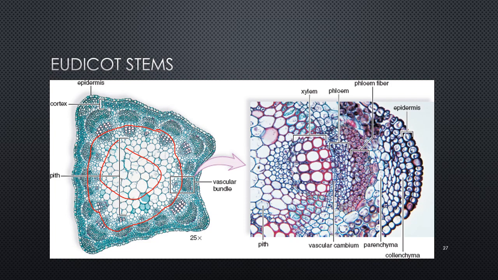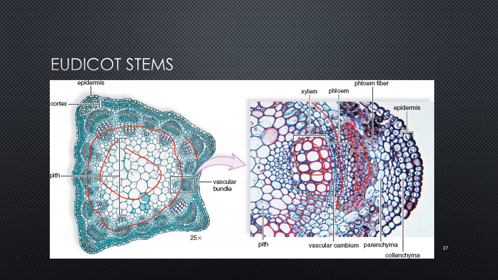And between the xylem and the phloem layers is the vascular cambium. So that's starting right here. And so if we look over here, we have the xylem and we have the phloem right there, and then this layer is the vascular cambium. The vascular cambium is unique to dicots.